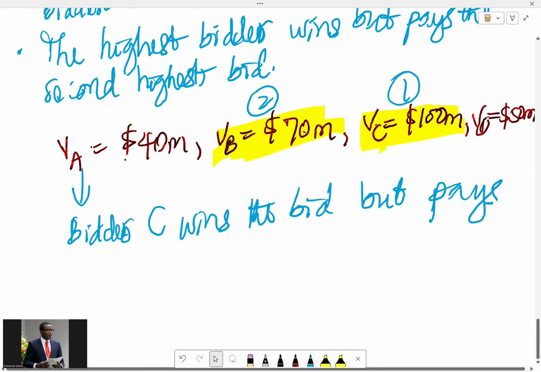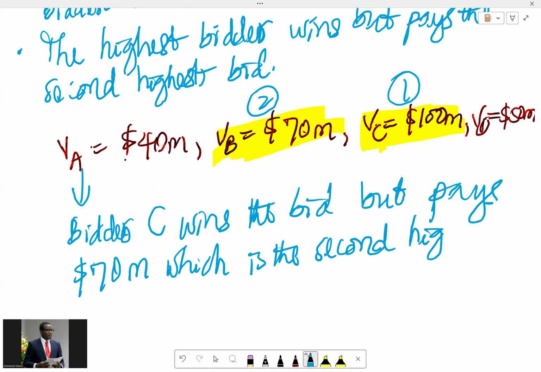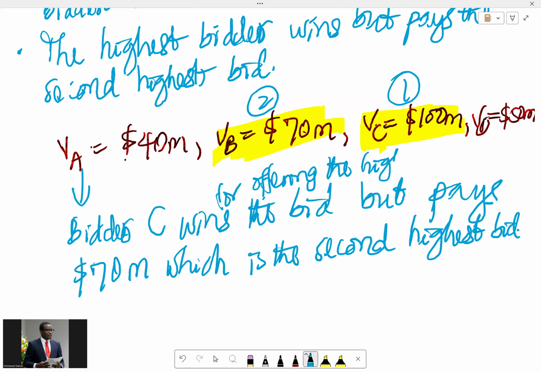So bidder C wins the bid because bidder C offered the highest bid, but ends up paying $70 million, which is the second highest bid.